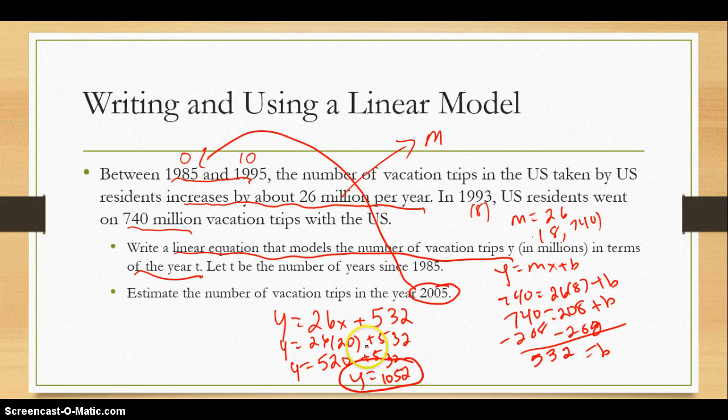But think about how I would want you to write it. Estimate the number of vacation trips in the year 2005. Million is what we're talking about, millions of people.